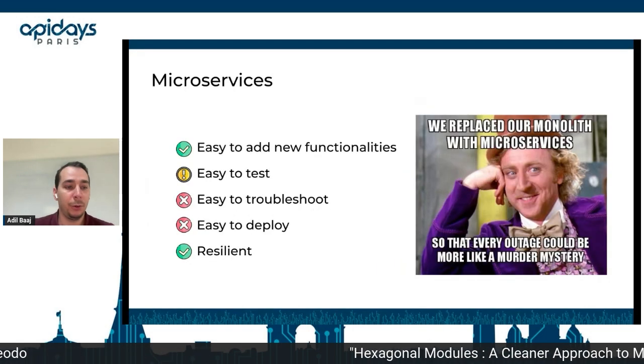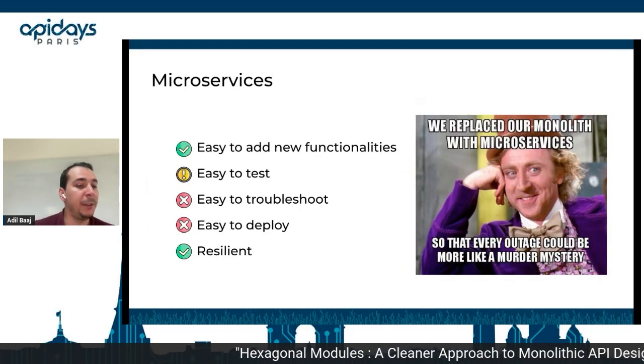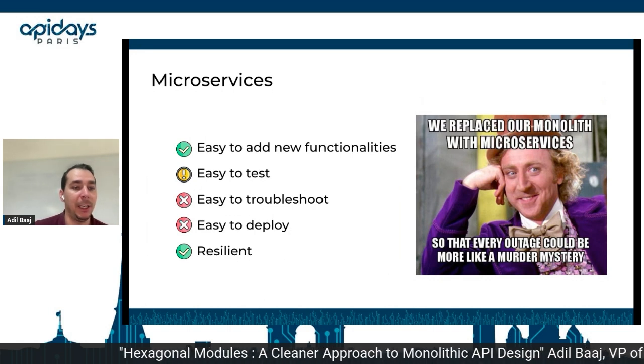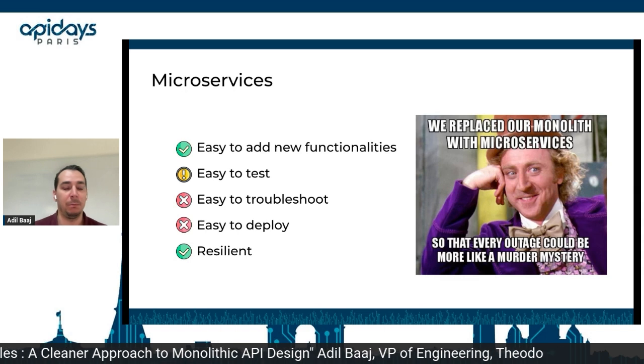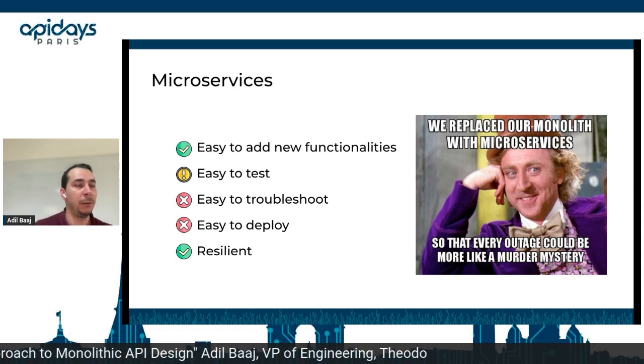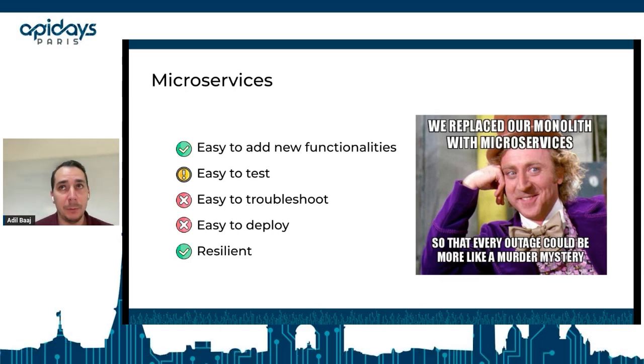And even if you do so, it will definitely help with the resilience of your application. It will make it easier to add new functionality, as it will be, for example, easier to onboard a developer on the code base of one microservice compared to a whole monolithic application. It could make testing easier, since you only need to write unit tests and integration tests for one microservice, but it will make end-to-end tests harder.